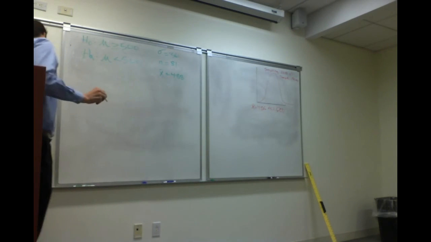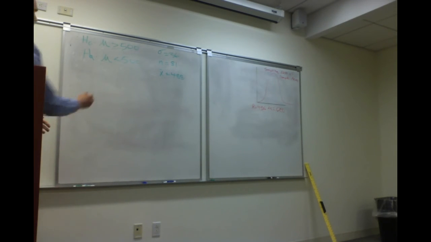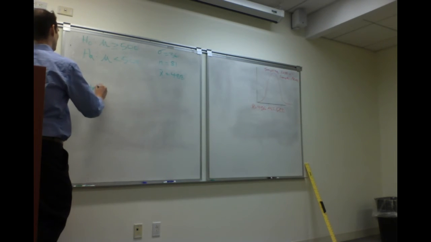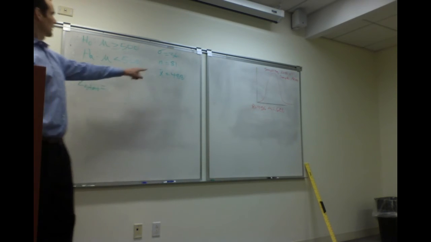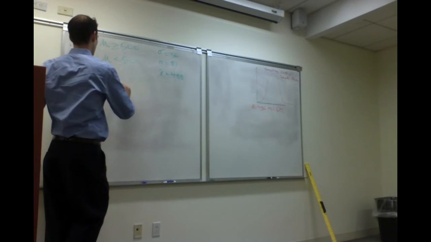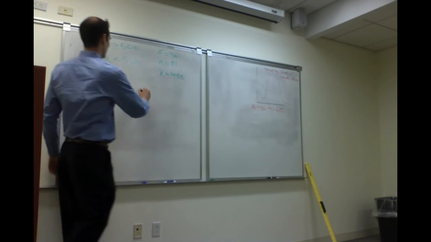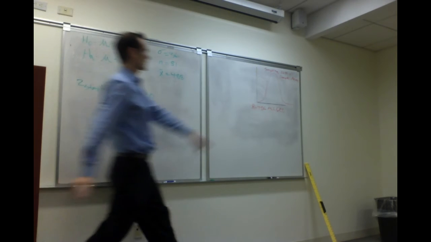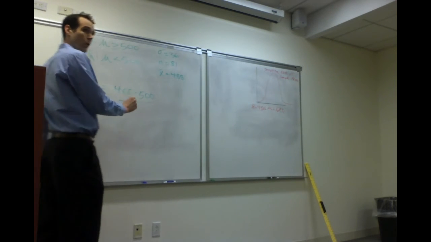We're going to set it up the same way. But the first thing we want to do is just find the z statistic. So, z stat is going to be our 488 minus our 500, divided by the standard deviation of the sampling distribution of the sample mean, which is 4.